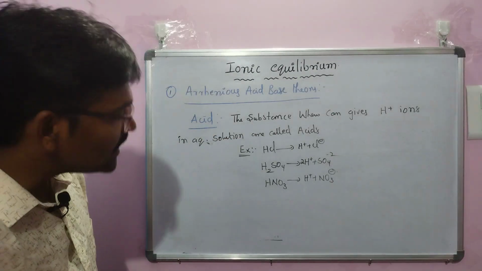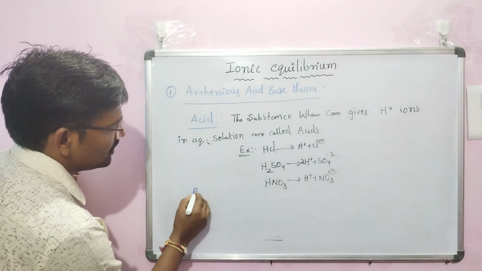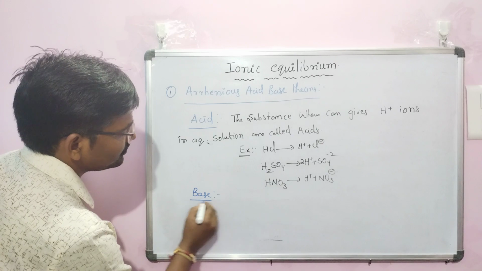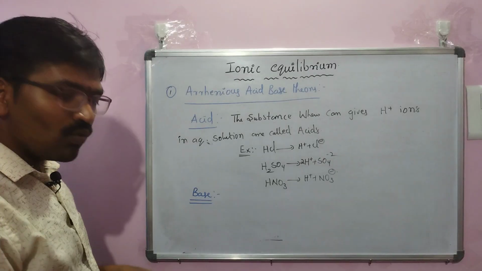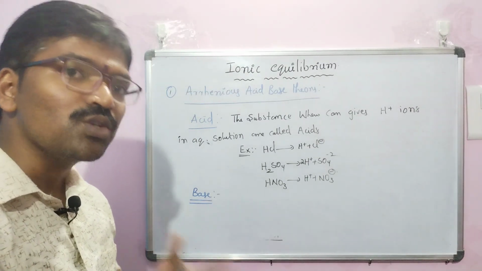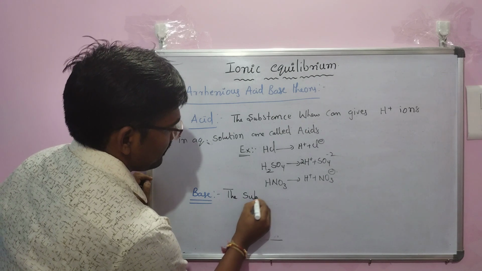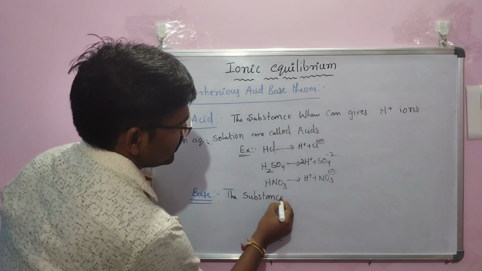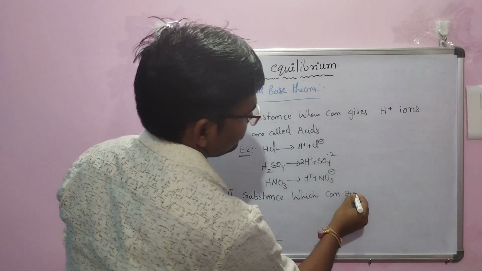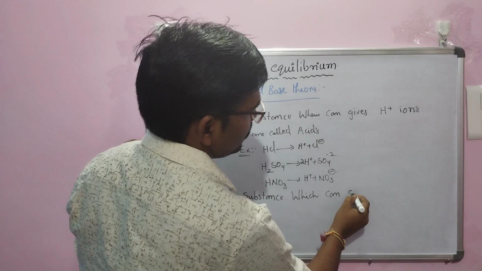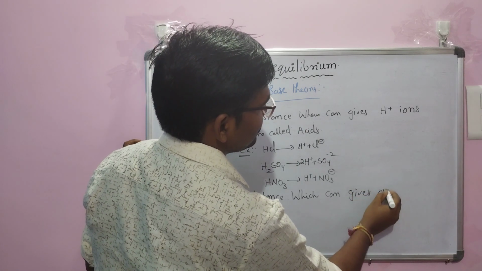Then what is the base according to Arrhenius? A base is the substance which can release OH minus ions in its aqueous solution. For example, NaOH in aqueous solution dissociates into Na plus and OH minus ions.